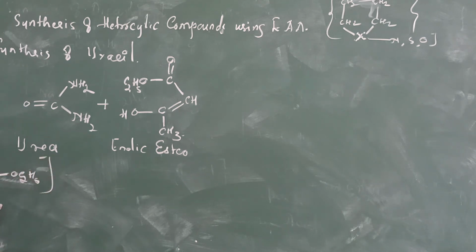This EAA can show an equilibrium existing like this. Sometimes the proton may be shifted here. So here you will get CH3, CO, CH, double bond, C, OH, OC2H5.